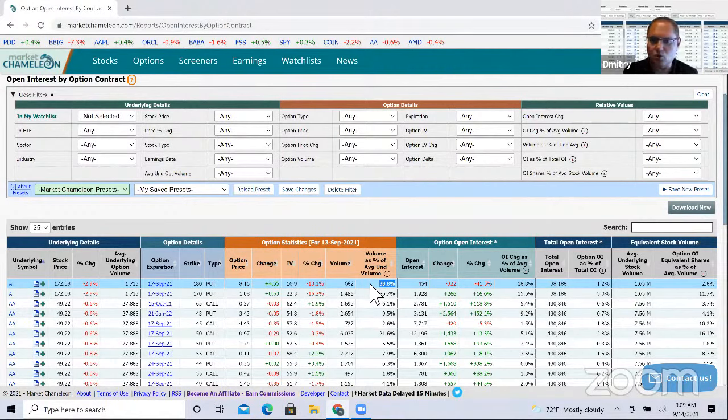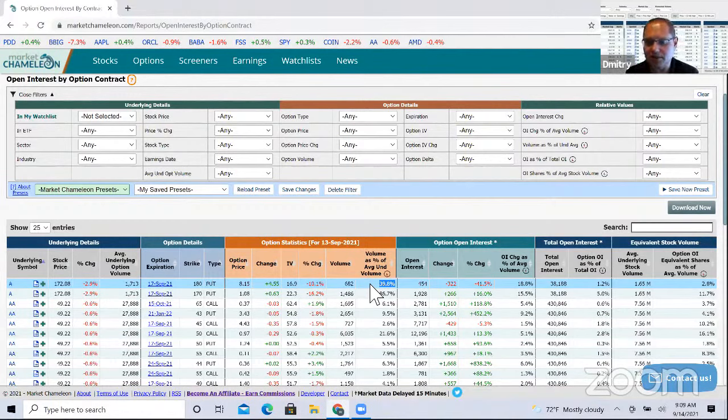What might be a lot in one stock, like Tesla or Apple, might not be a lot for a different stock, and what might be a little in one stock is not a little in the other. So we make it a relative value for that specific stock.